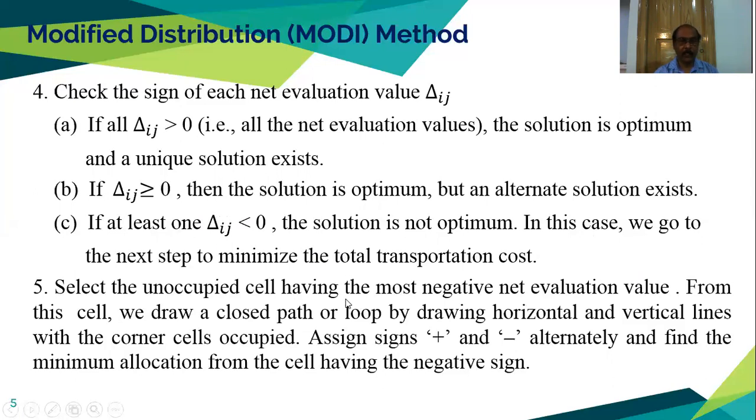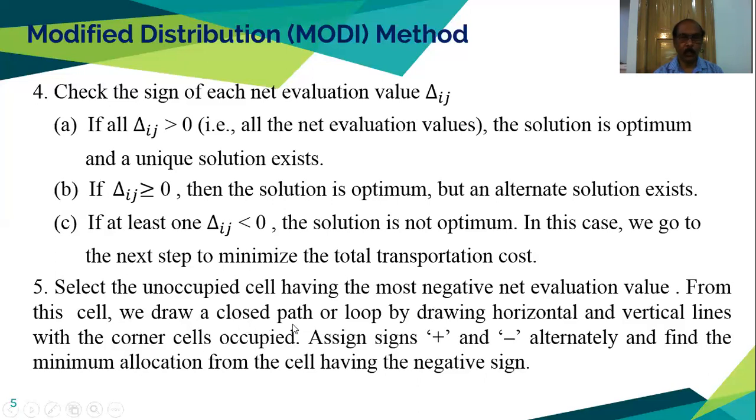From where we are starting the loop, that is not an occupied cell, and all the other corners should present an allocation, that means occupied cells.